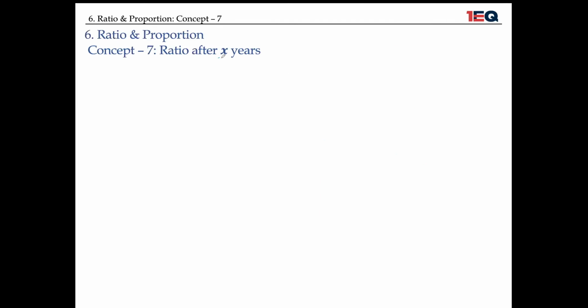Now there is something called ratio after x years. Let's assume that there is a ratio of a is to b, and because of a few years passing away, let's say y years passed away, the ratio changed to p is to q. When such a situation arises, there is a concept of cross multiplication which you need to apply.